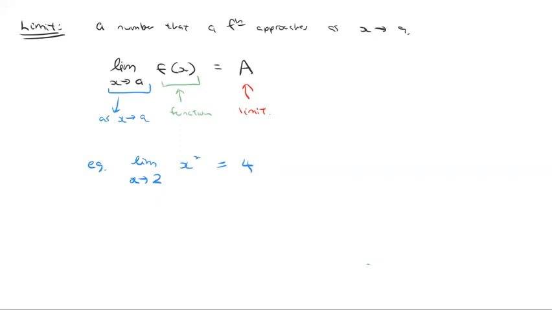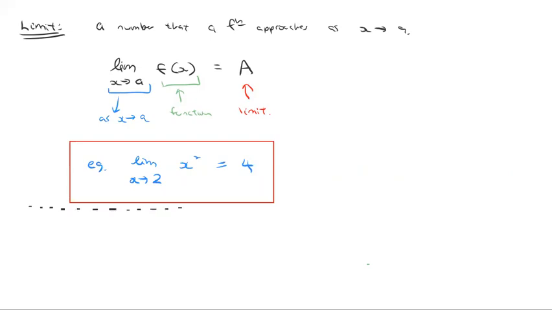Yeah. All right. So you might be looking at that and going, well, that seems pretty pointless. We could just sub in 2. And that's right. You could just sub in 2. In this particular case, you can. But this limit becomes more and more important when you can't sub in 2, or when you make things more tricky, if you like. So let me start with a simple example, but it's still similar.